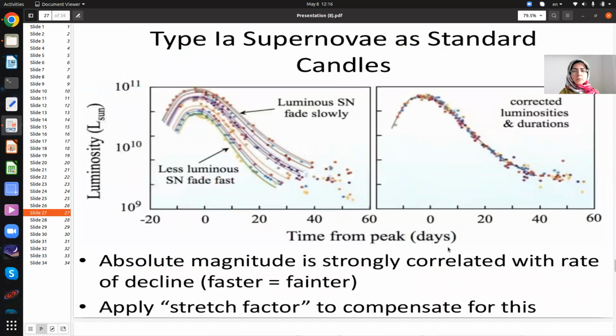And type 1 supernova is a standard candle for the whole universe, and we can measure distances to galaxies from them.